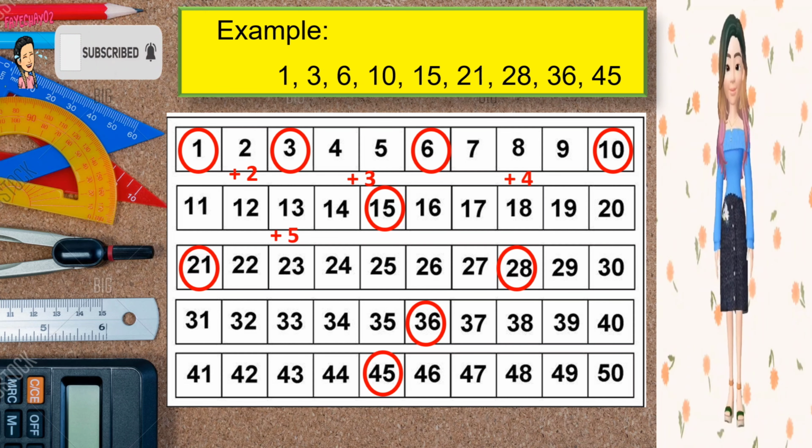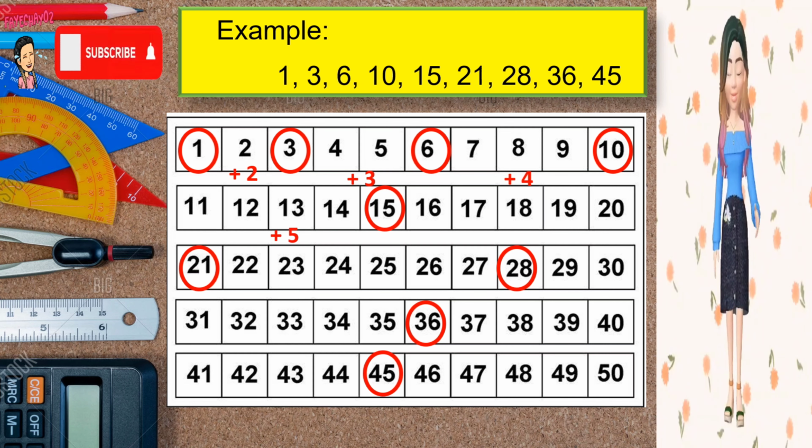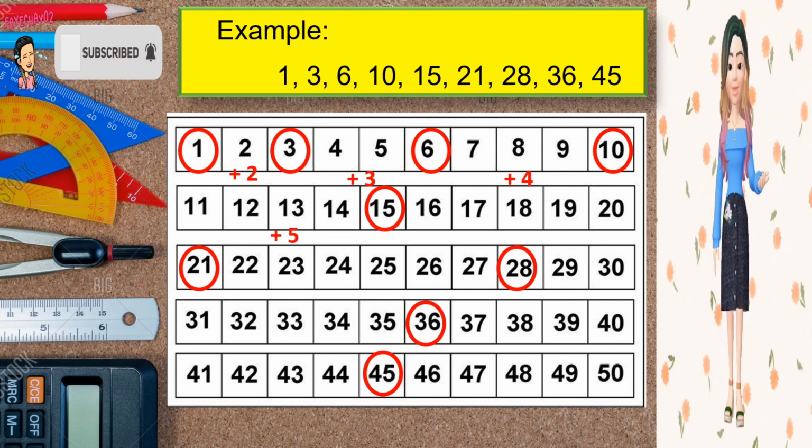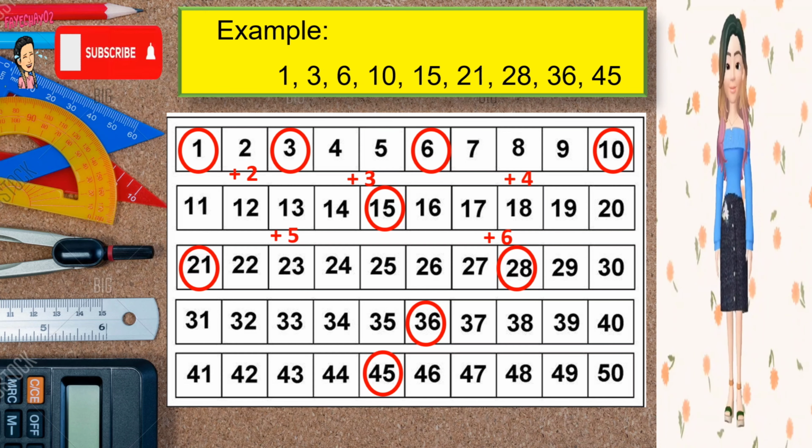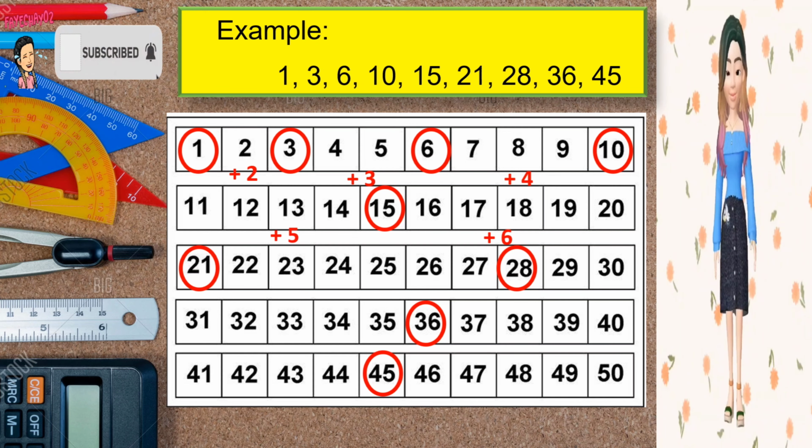So, plus 5. Bilangin uli natin ang difference between 15 and 21. We have 1, 2, 3, 4, 5, and 6. So, plus 6. So, 15 plus 6 is equals to 21.